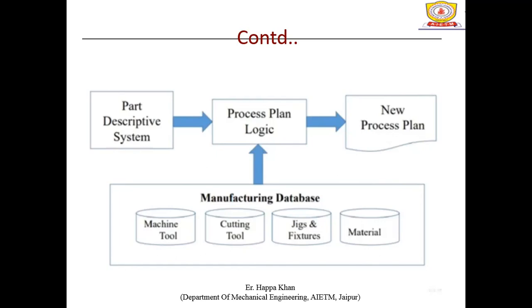Then the software will give output in the form of a process plan, and a new process plan is generated. So this is the architecture of generative process planning. Here, a jig and fixture is a device used for locating, holding, and guiding the workpiece.